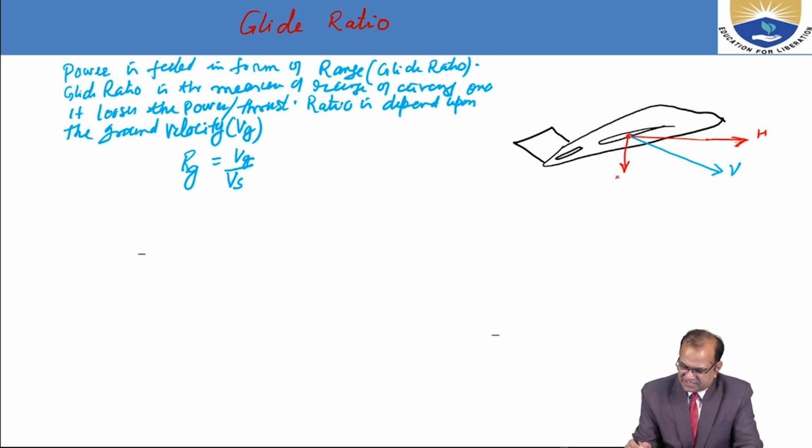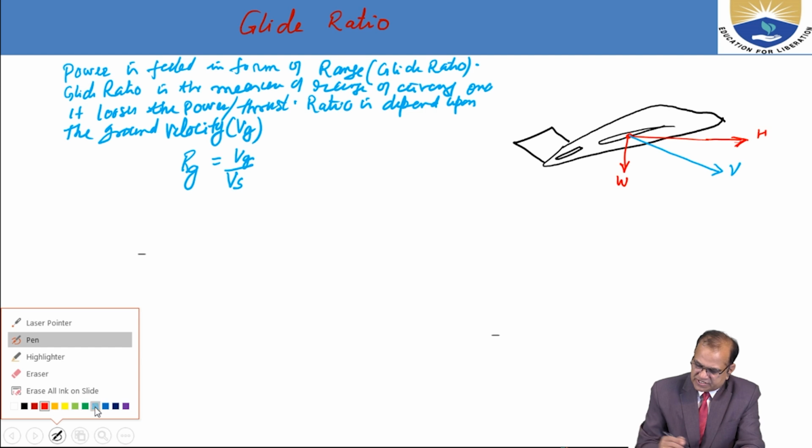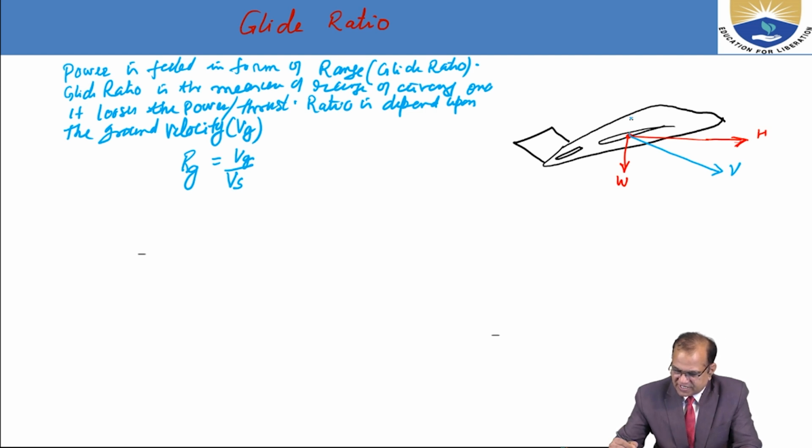Weight will always be in this direction. Lift will always be perpendicular to this velocity vector. Drag will be in the direction opposite to the velocity. And here we can see this is the gamma.